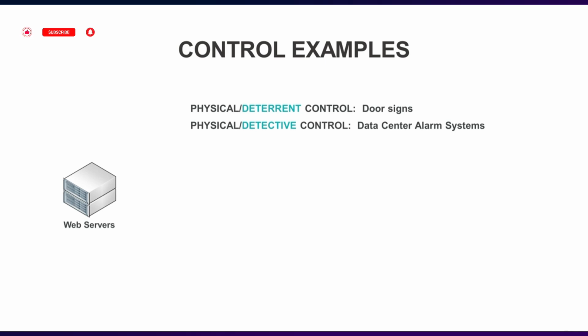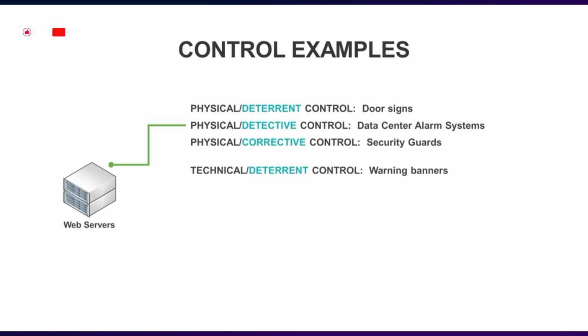Now, what about on the technical side of things? When you go to log into the web server, you would have a warning banner, and that warning banner would say, this is an authorized system, only authorized users are allowed to access this. Violators will be prosecuted, blah blah blah, right? In that context, again, the normal person would be deterred from trying to log in.